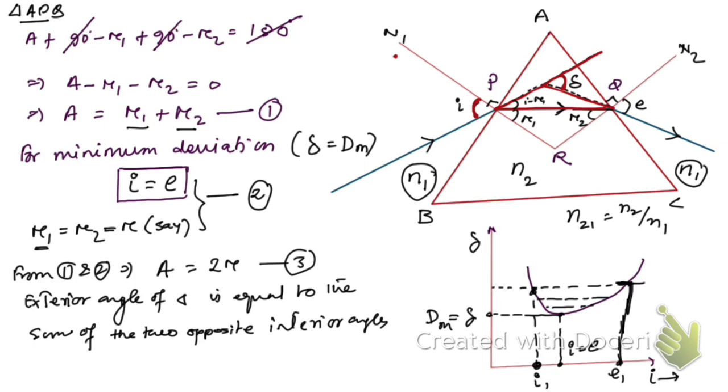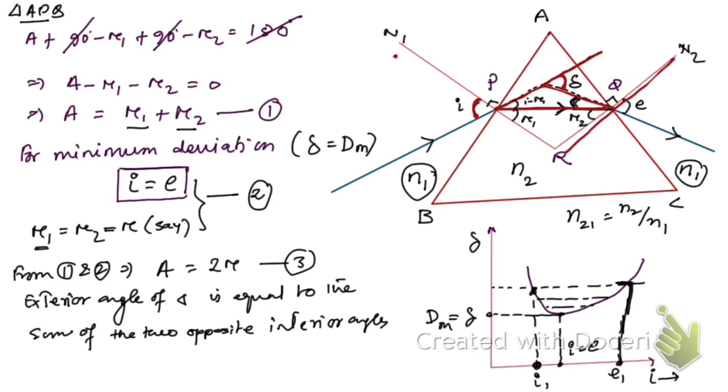Similarly, let me tell you one more. This angle is vertically opposite to this. So if this is E, then this must also be E. If this is E and this angle is R2, then this angle must be E minus R2, right? Hope you have understood this. Let me explain again.